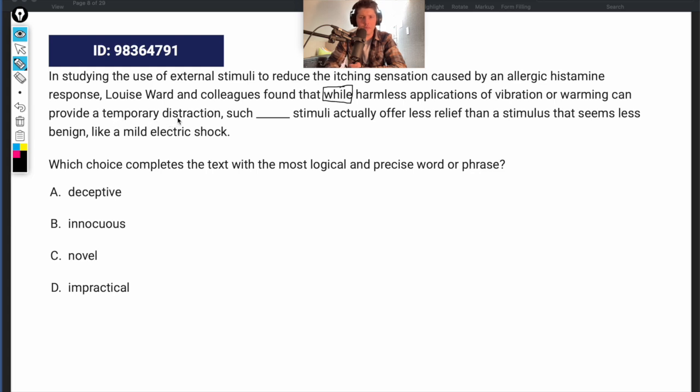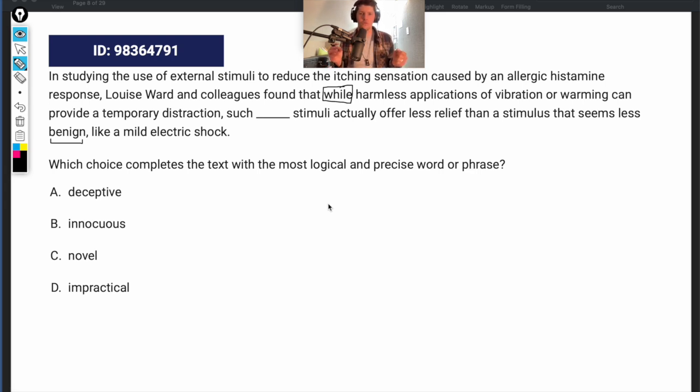Such blank stimuli offer less relief than a stimulus that seems less benign. A very key word here, like a mild electric shock. If you don't know what the word benign means, that's perfectly okay. A mild electric shock is certainly less nice, let's put it that way, than vibration or warming, right?